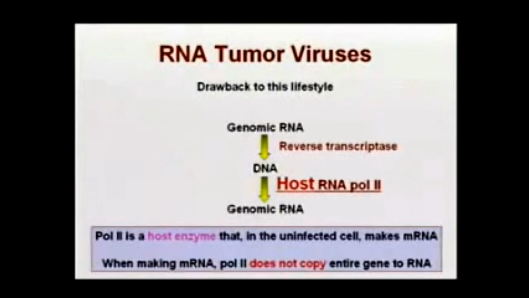When Pol2, RNA polymerase II, copies a gene, it doesn't copy the whole gene. It doesn't need to. There are parts of a gene that have nothing to do with the information that will get transcribed into messenger RNA and translated into protein.